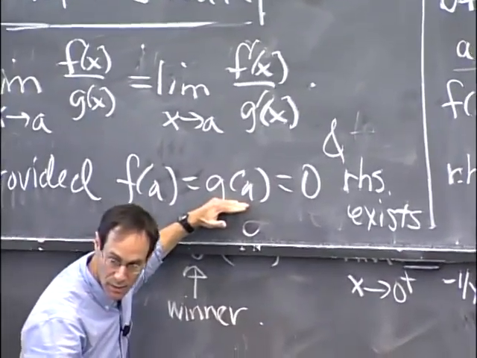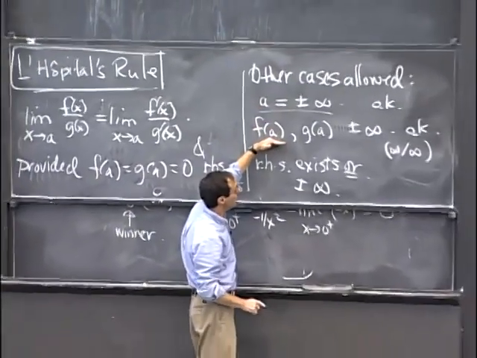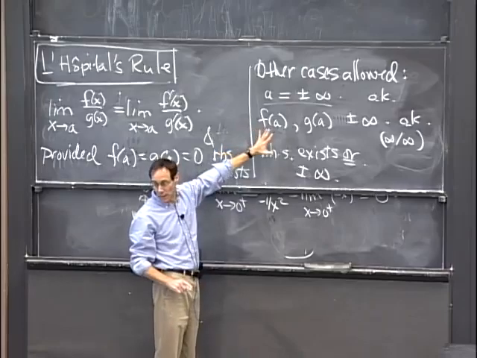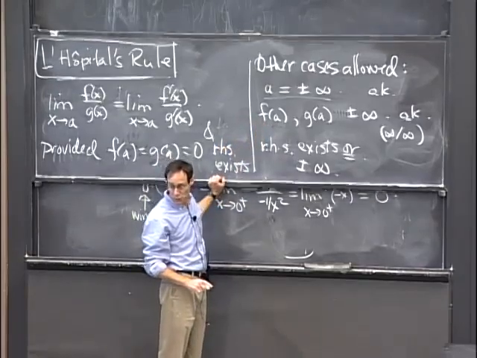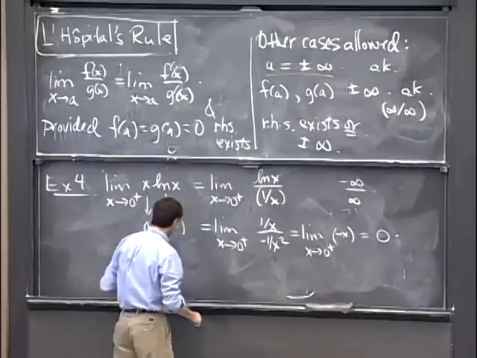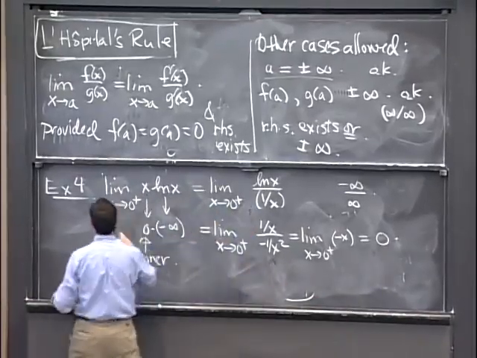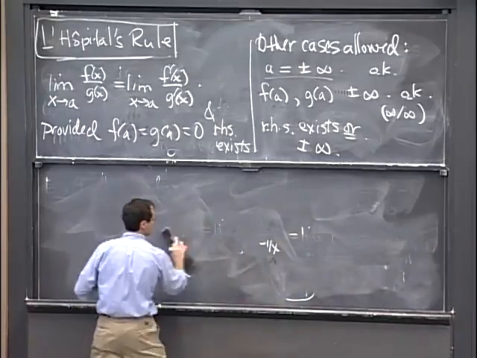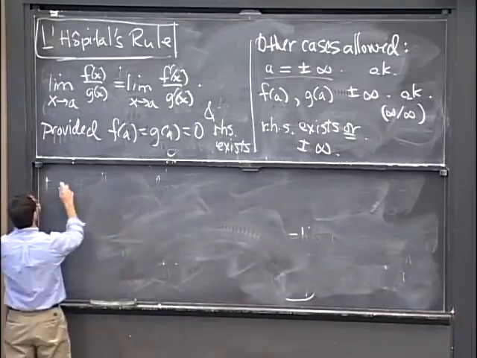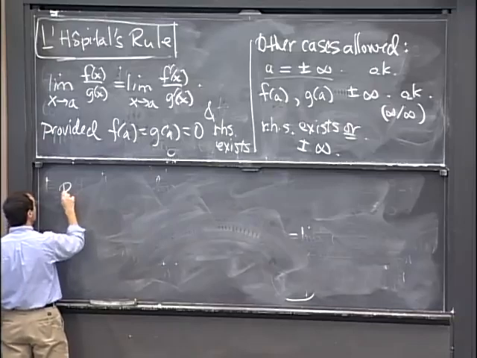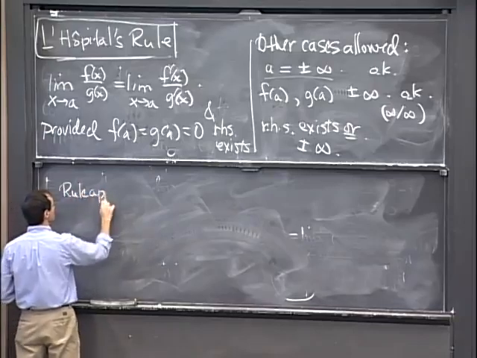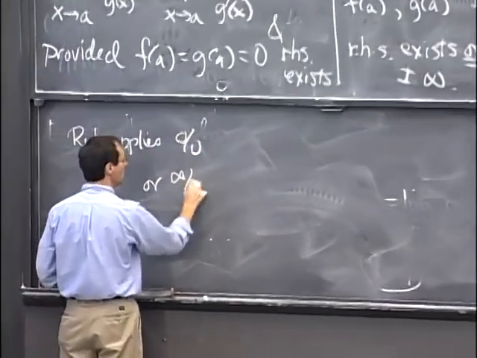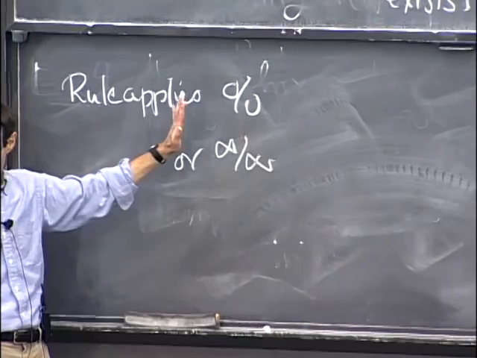That's okay. I can have this hypothesis combined with this one. I need something about f of a and g of a. I can't assume nothing about f of a and g of a. So in other words, I have to be faced with either an infinity over infinity or a 0 over 0 situation. So let's see. The rule applies in the 0 over 0 or infinity over infinity case. These are the only two cases that it applies in.